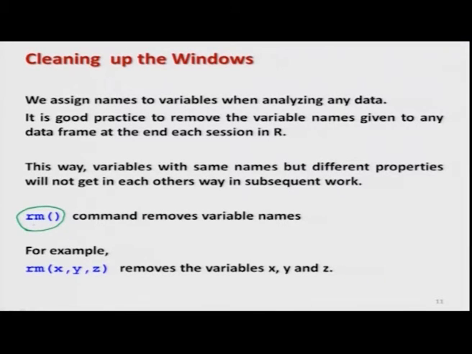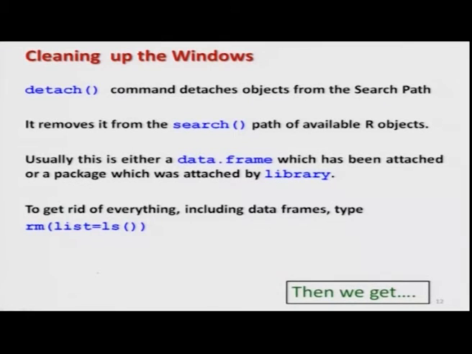There can be one variable or more than one. For example, if I have 3 variables, x, y and z, I can write rm, bracket, x comma y comma z, bracket closed. If I do so, the 3 variables x, y, z will be removed from my workspace.